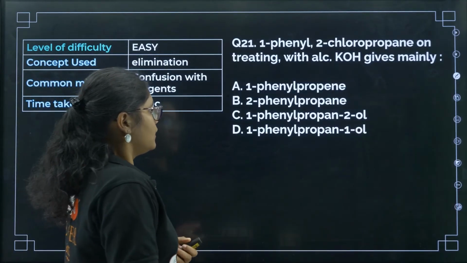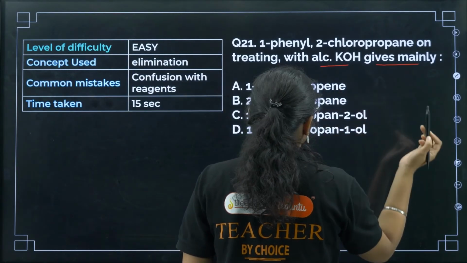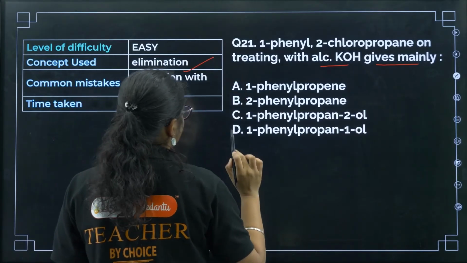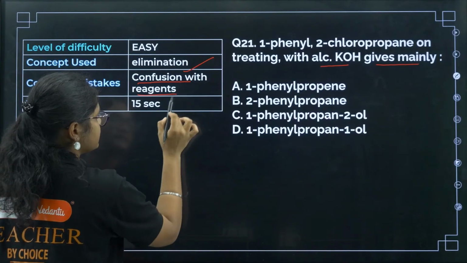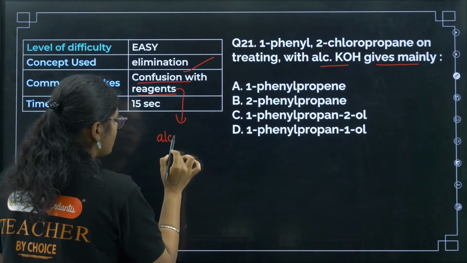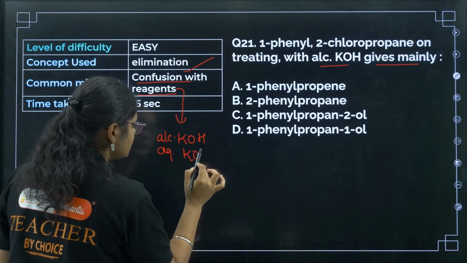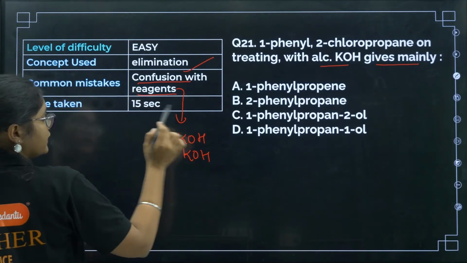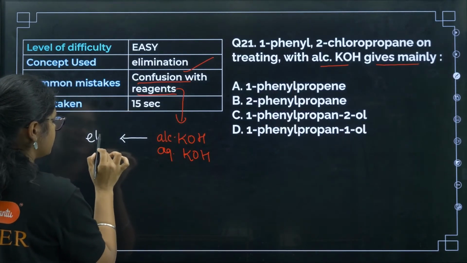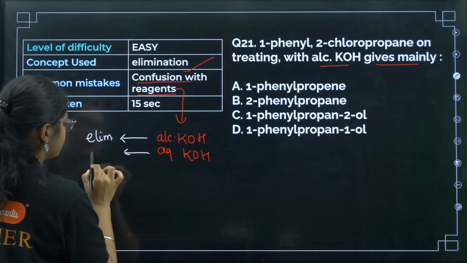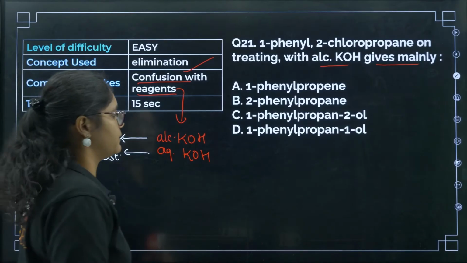Next, 1-phenyl 2-chloropropane on heating with alcoholic KOH gives mainly. So this reaction is from elimination reaction. You can be confused here with the reagents: alcoholic KOH and aqueous KOH. So remember, alcoholic KOH gives you elimination, and aqueous KOH gives you substitution. These two things you should remember.